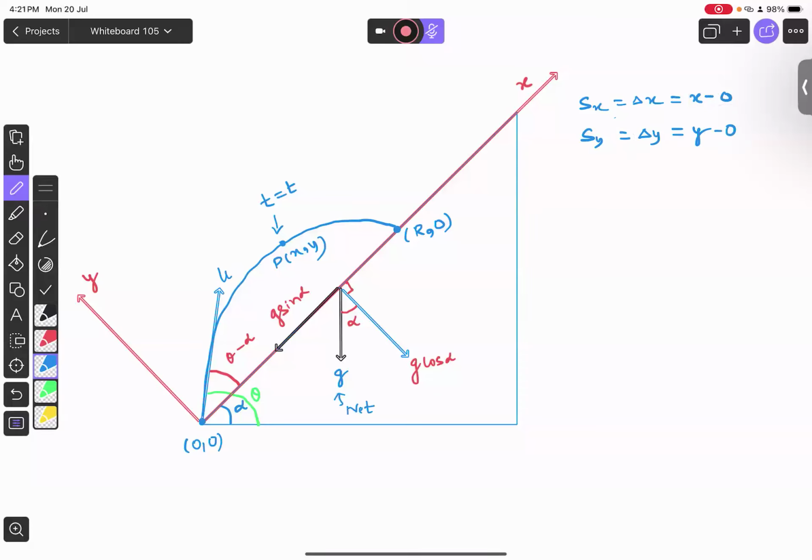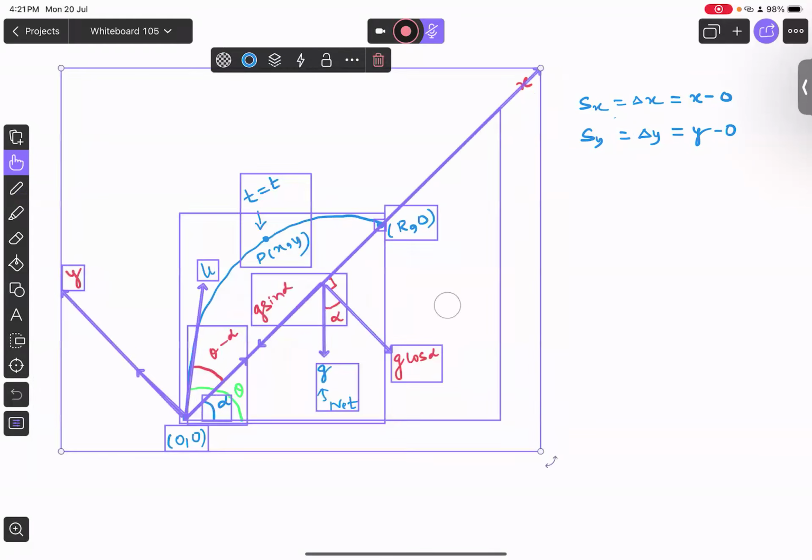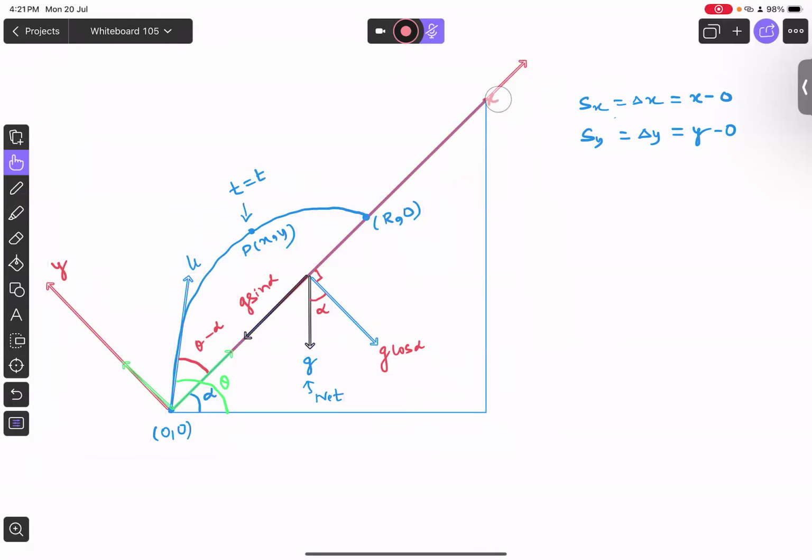And what is the initial velocity along x? You can resolve the u vector, and it has these two components. The angle it has from positive x is theta minus alpha.